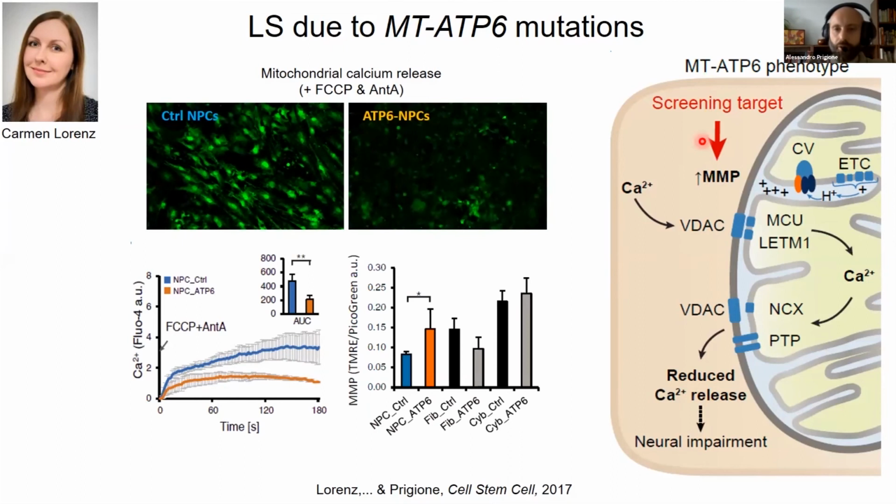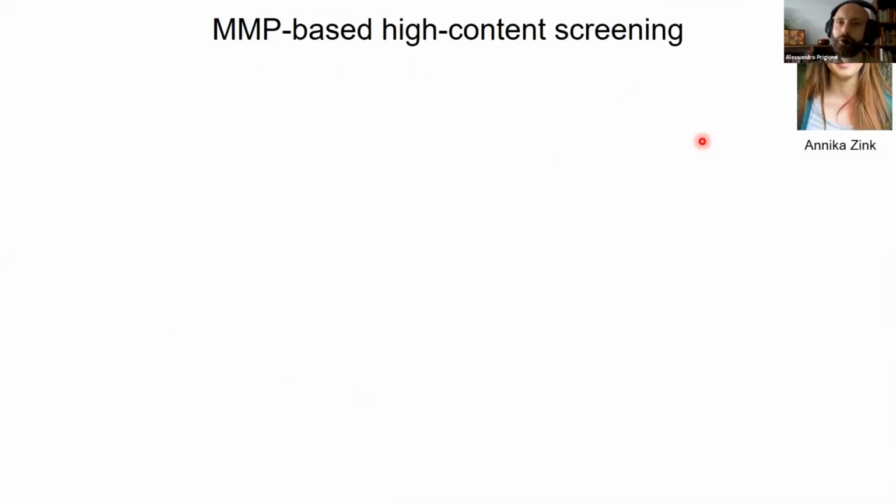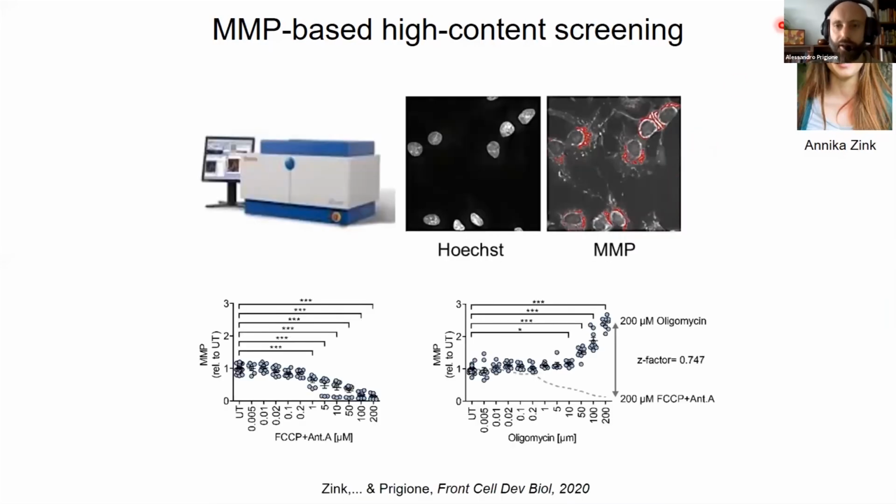But this time we didn't only test a few compounds, but we tried to develop more of a high throughput screening. With Annika Zink in her lab, we developed this high throughput screening based on high content microscopy. You can measure MMP, and then test it with defined depolarizing and hyperpolarizing drugs.